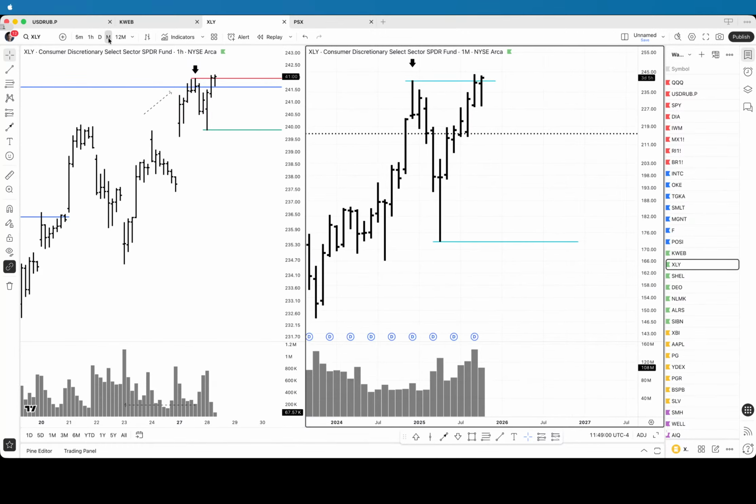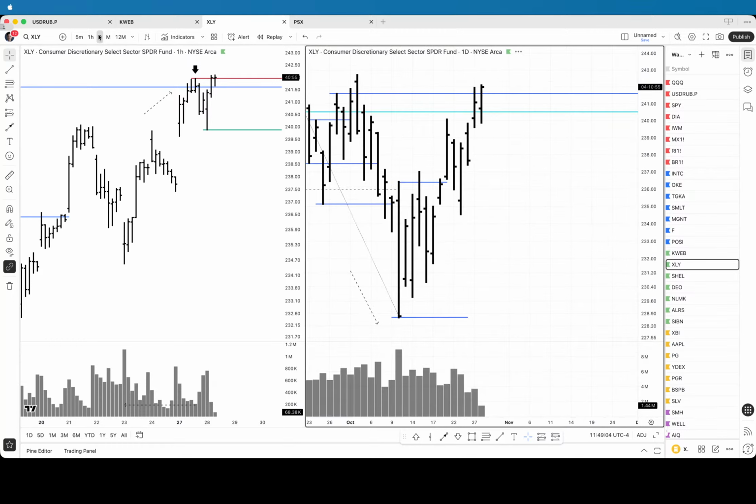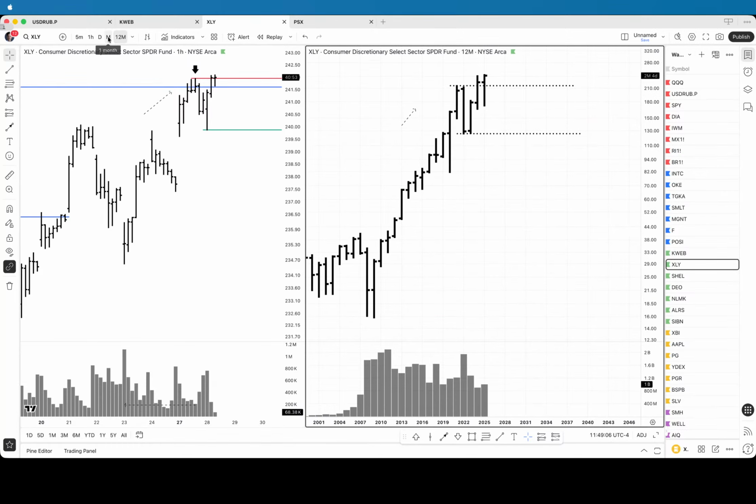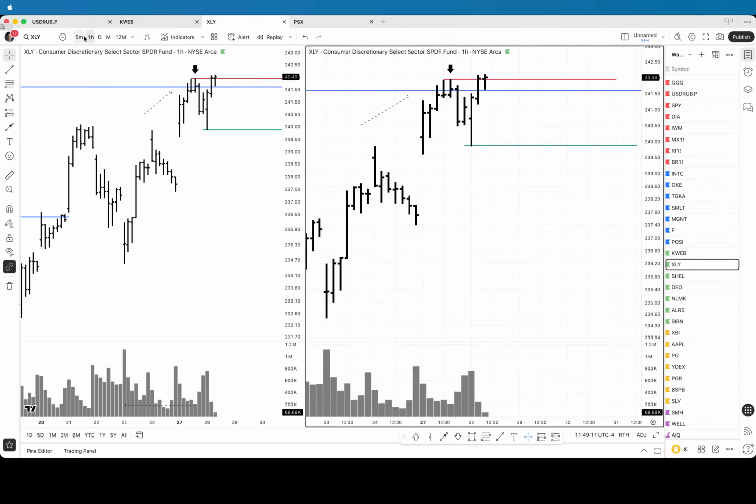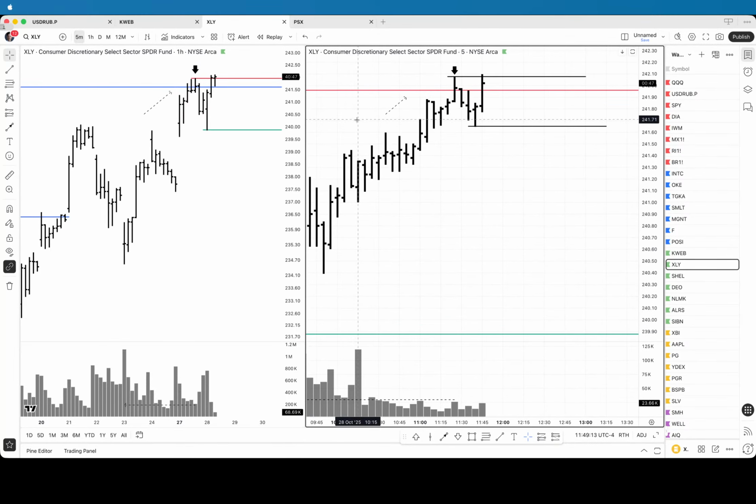I don't like the daily, that's the problem. Monthly is still right for 3 days. Yeah, it needs to change direction, at least with this volume.